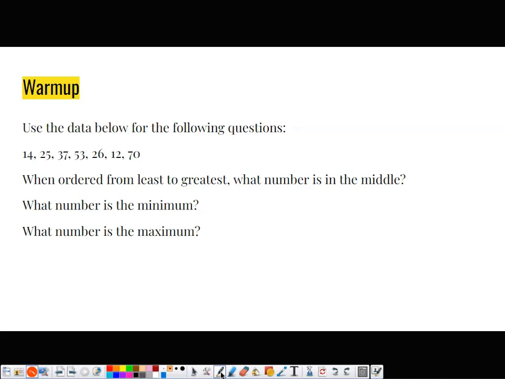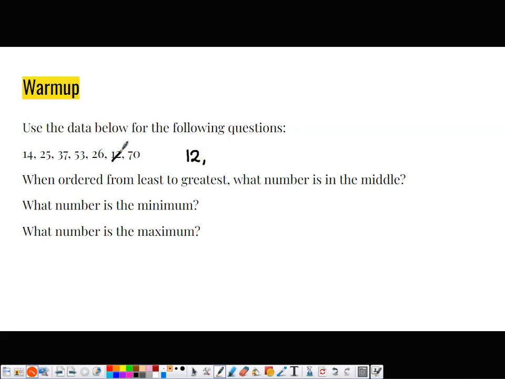All we need to do is rearrange those numbers from least to greatest, and then it's really easy to make that determination. Okay, so I'm going to go ahead and cycle through. I see that 14 is pretty low, but I actually see 12. So I'm going to write 12 as the first number. I'm going to cross out as I go.